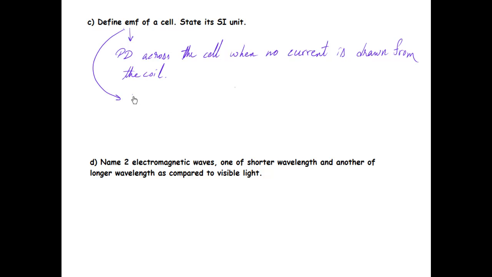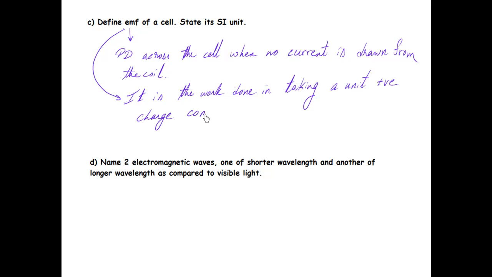However, a more technical definition is, it is the work done in taking a unit positive charge completely round the circuit, which is the internal circuit plus the external circuit.